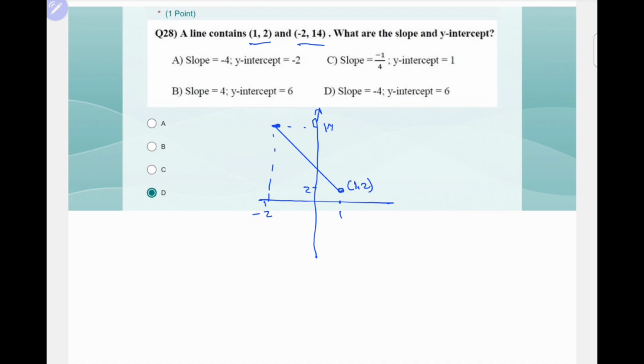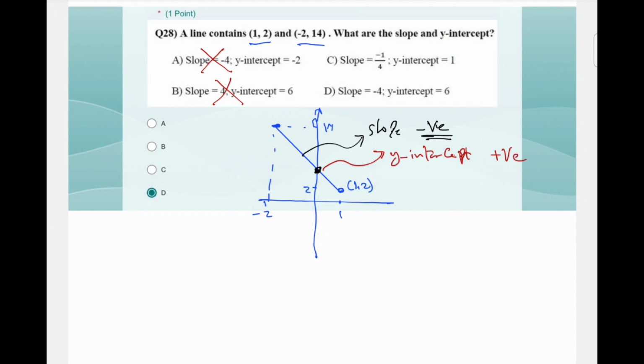So it's clear from this graph that the slope will be negative. And we know from this line that the y-intercept is positive. So you can quickly, from this sketch, exclude this one for sure, and any positive slope. So we can exclude also this one. So it's either C or D.